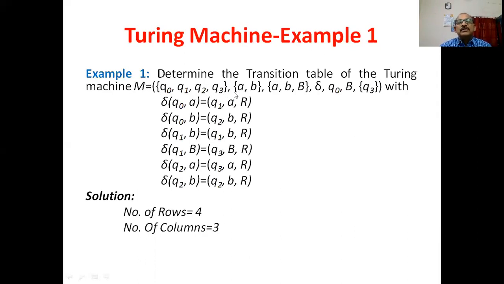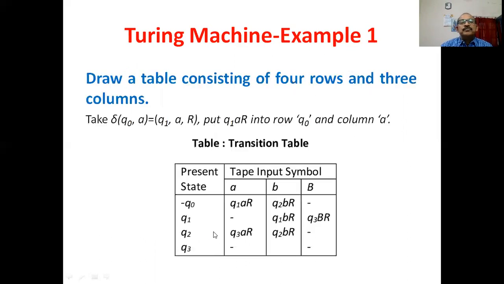Here the input alphabet is A, B, and the tape alphabet is A, small b and capital B. So here we have to count the number of symbols in the tape alphabet. Here you can see there are 3 symbols: A, B, and the blank symbol. The number of columns is 3. It means that we draw a table consisting of 4 rows and 3 columns.